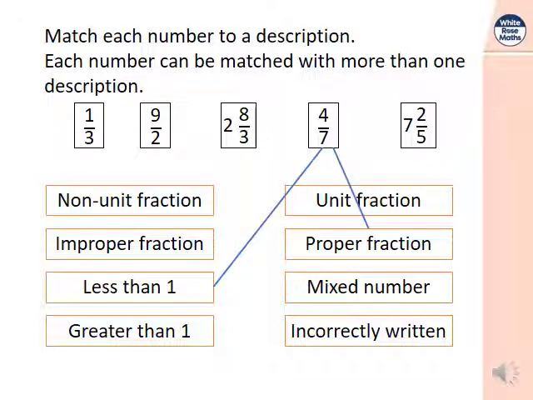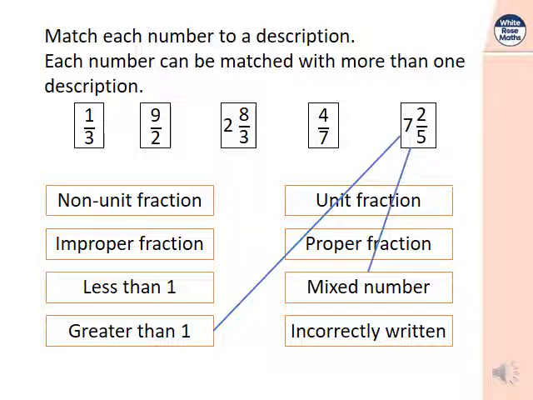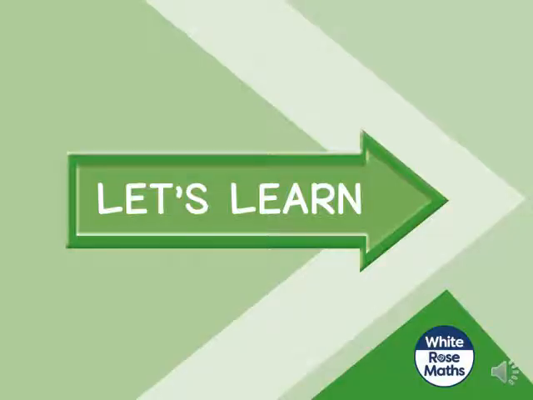It is a proper fraction because the numerator is smaller than the denominator, and it is a non-unit fraction because the numerator is not a 1. And lastly, let's have a look at 7 2/5. It is greater than 1. It is a mixed number. And that was that. So we're going to get started with our main lesson for today.